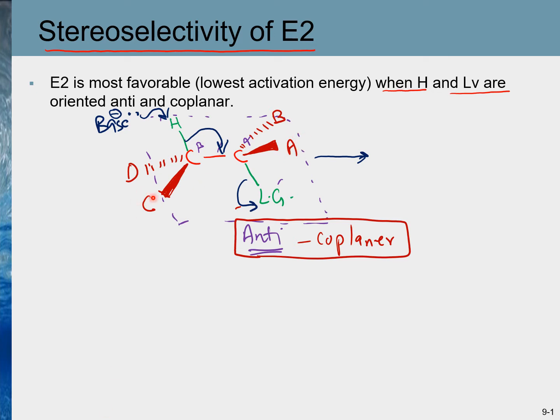So both A and C are coming towards the viewer. Therefore, after the hydrogen and leaving group are eliminated, the resulting alkene will have a stereochemistry in which a double bond forms between carbon and carbon. A will be projected towards the viewer out of the plane, and C will also be projected towards the viewer.